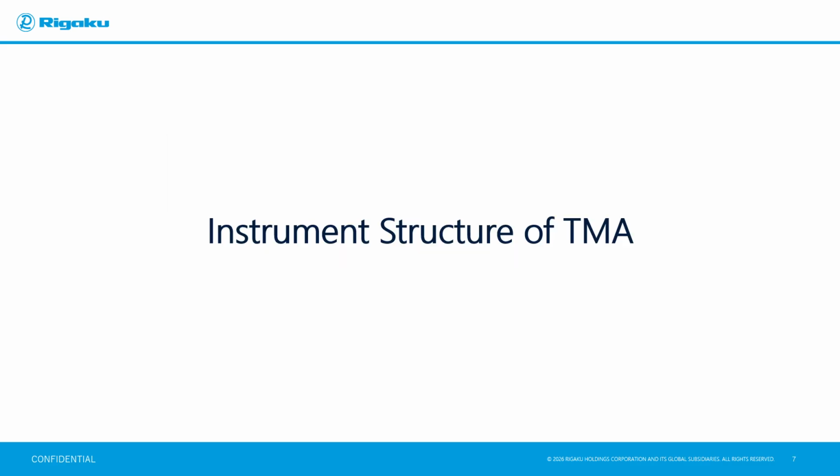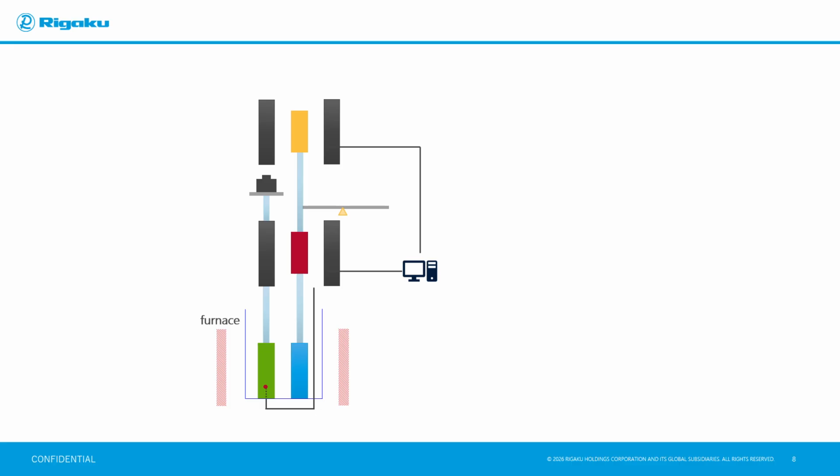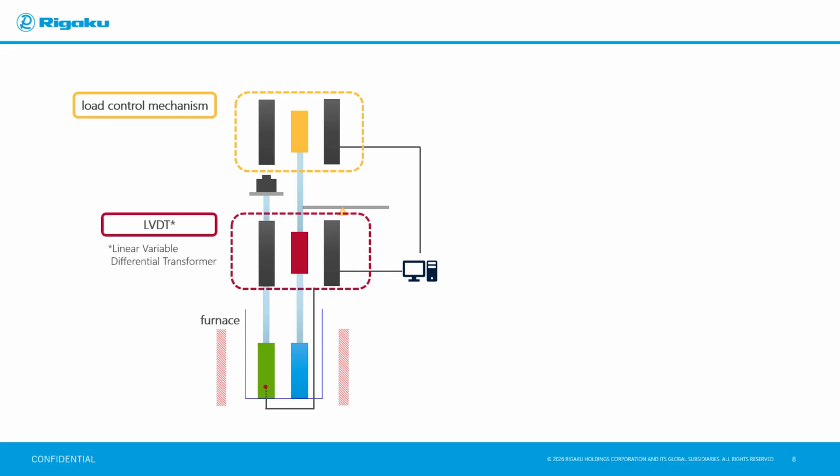Next, we show the TMA instrumental configuration using schematic diagrams. The figure on this slide shows schematically a differential expansion method TMA equipped with a compression loading attachment. TMA consists of, from top to bottom, a load control mechanism that controls the load applied to the sample, a differential transformer that measures changes in sample length, and the attachment.